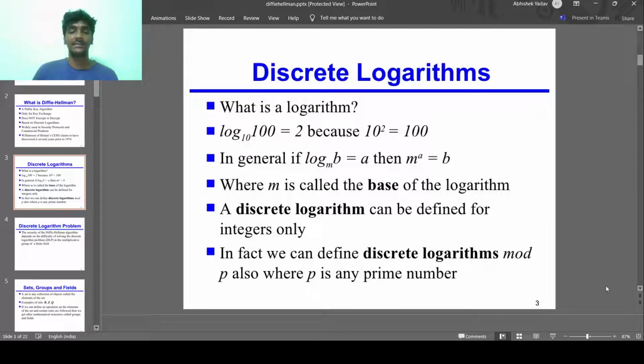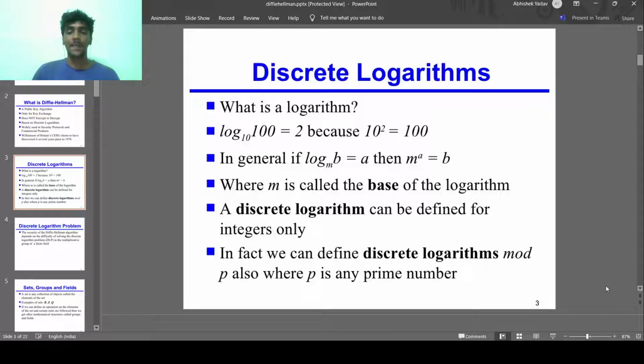So what is a logarithm? We have an example here: log base 10 of 100 equals 2, because 10 raised to the power 2 is 100. In general, if we have the notation log base m of b equals a, then we can generalize it as m raised to the power a equals b, where m is called the base of the logarithm.